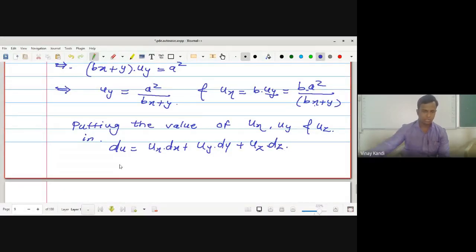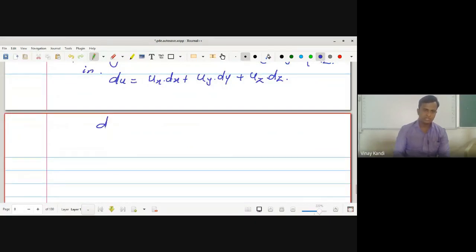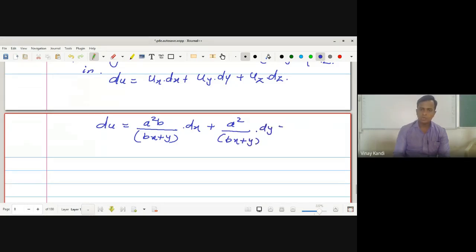Okay, which implies du is equal to ux, a square b upon bx plus y, into dx plus what is uy? a square upon bx plus y into dy plus what is uz? a into dz.